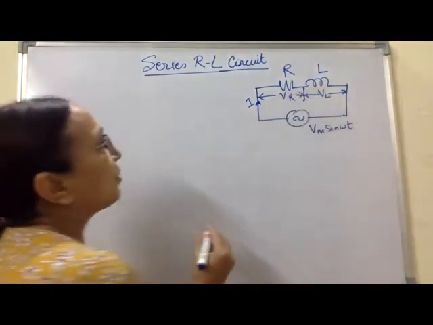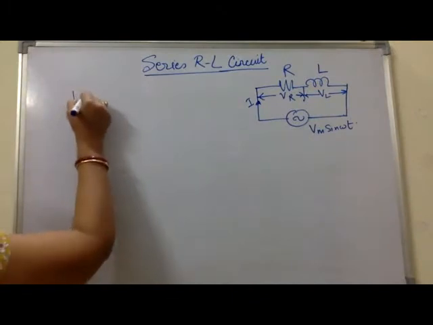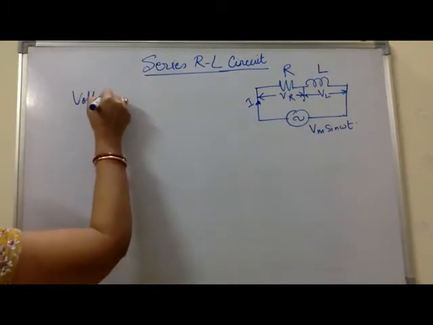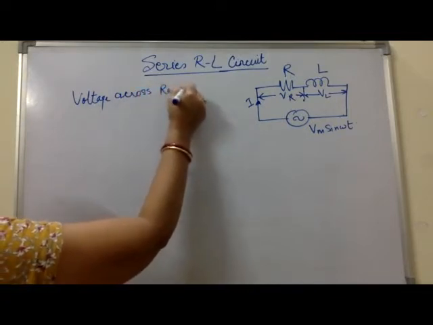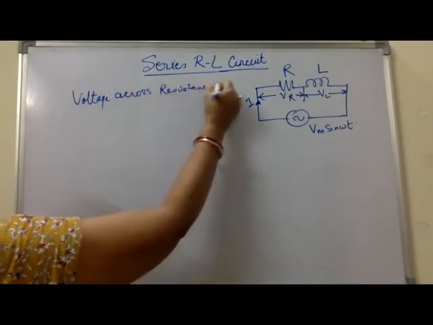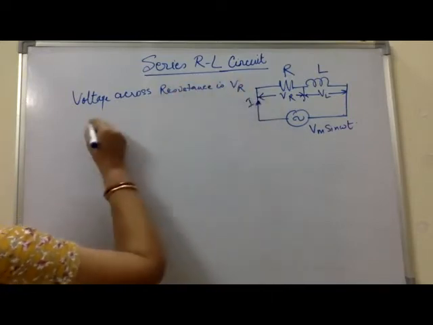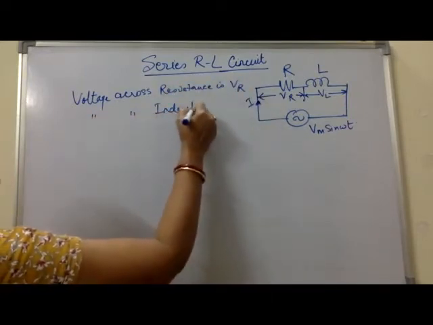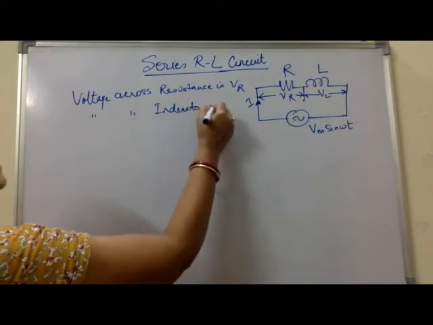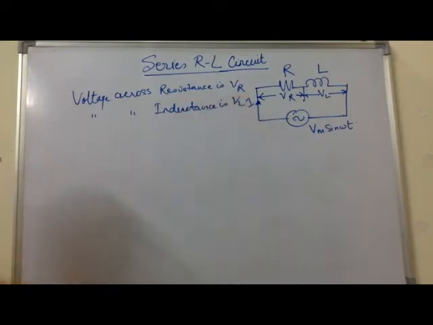So the voltage across the resistance is VR and voltage across inductance is VL.